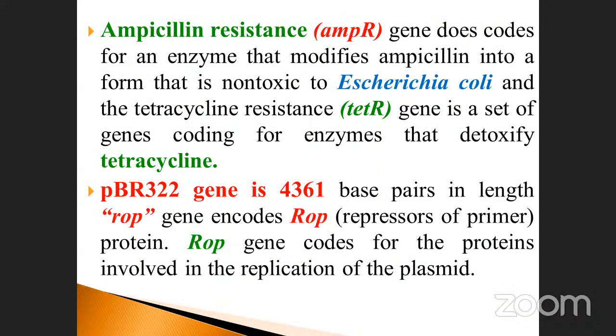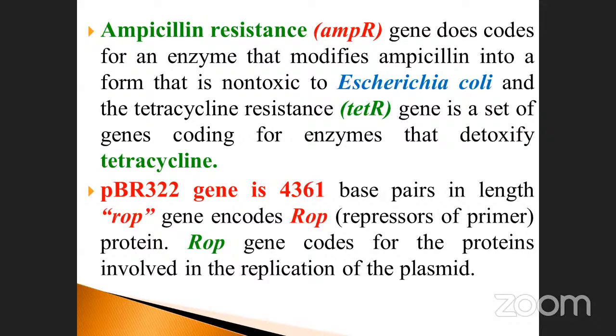The ampicillin resistance gene is denoted as AmpR. This gene codes for an enzyme that modifies ampicillin into a form that is non-toxic to Escherichia coli, simply called E. coli.